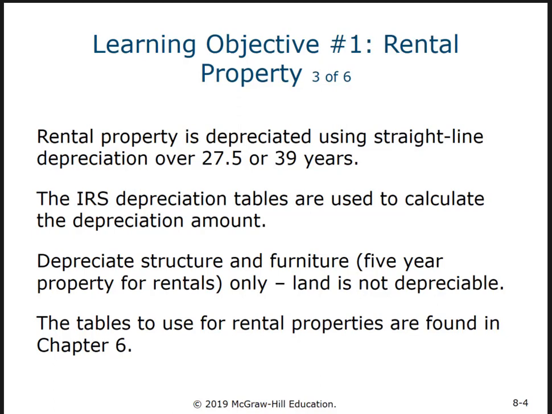Okay, that part is for the furniture. Appliances, same idea, can be separately depreciated from the actual physical building if you choose. So refer back to Chapter 6 for the tables that you need.